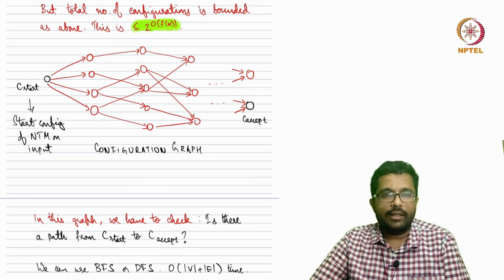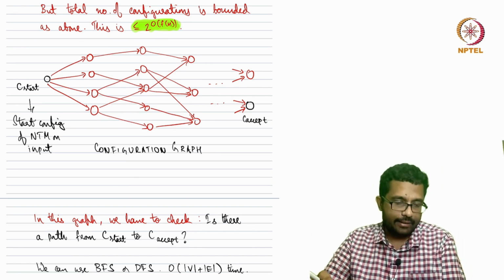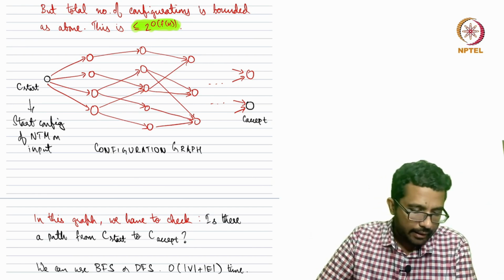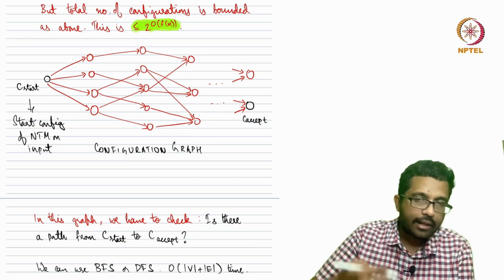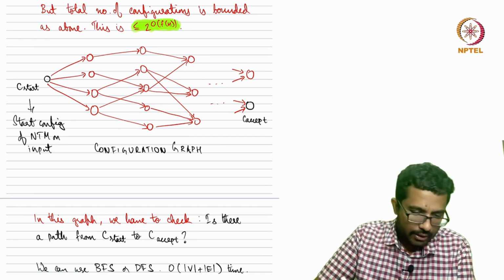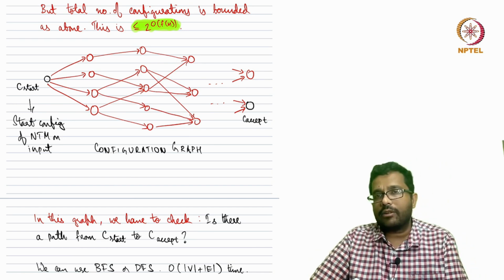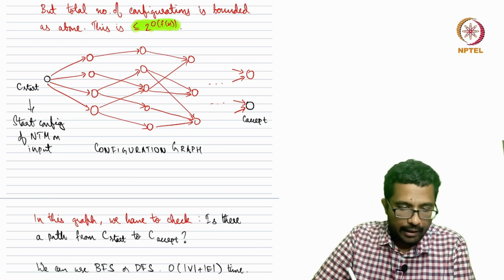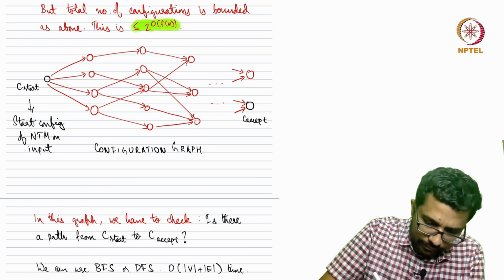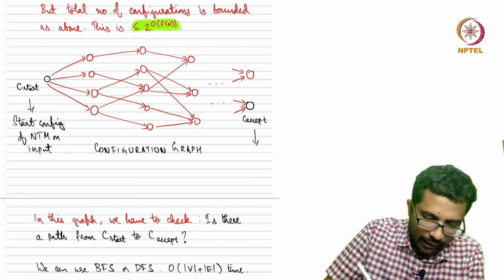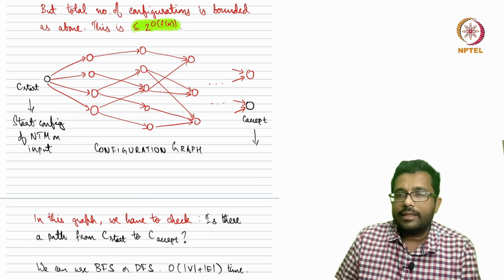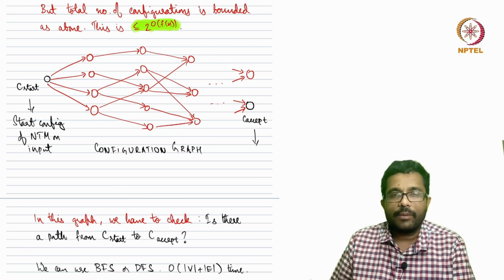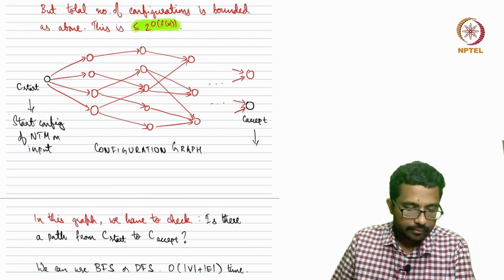Once we decide the input, the starting configuration is fixed. Then we look at its valid successors, which have more successors and so on. So we get a directed graph, which is the configuration graph, and we just want to know whether there is some way to reach the accepting configuration from the starting configuration.